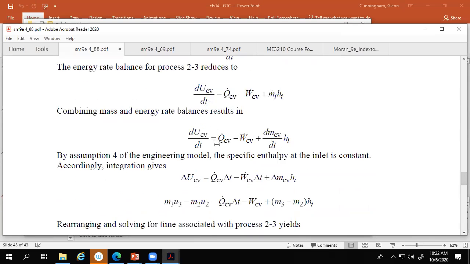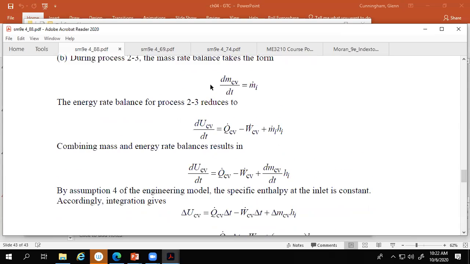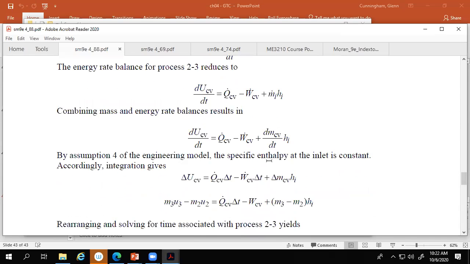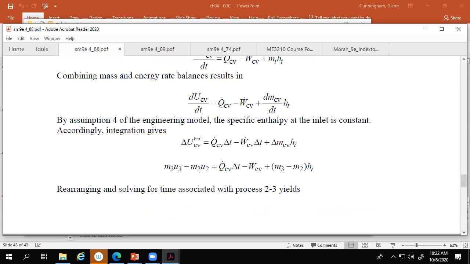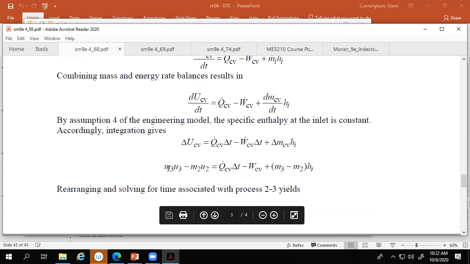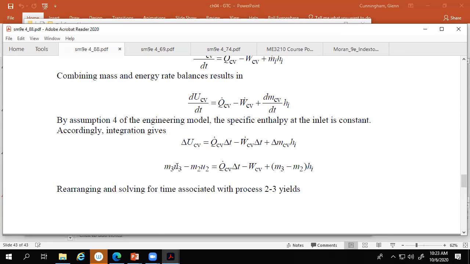Okay, so let's see. We make the same substitution, the dm_CV/dt for the m dot in term in here. We go through the integration process. Specific enthalpy at the inlet is constant. So we get delta U_CV, which then breaks into the mass at 3 times the internal energy at 3 minus mass at 2 times internal energy at 2.